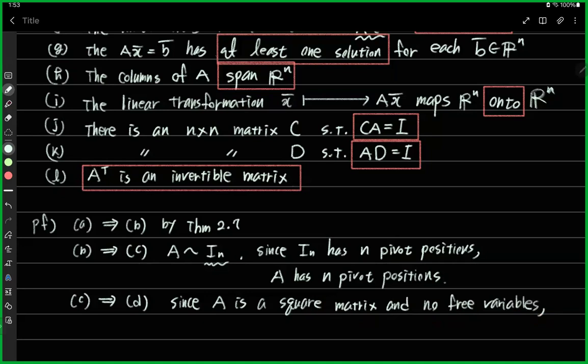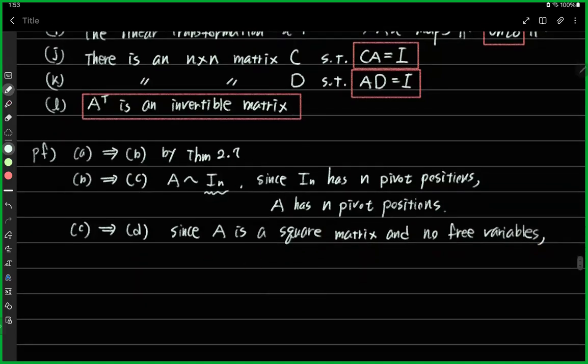No free variables. So the set of columns of matrix A is linearly independent.